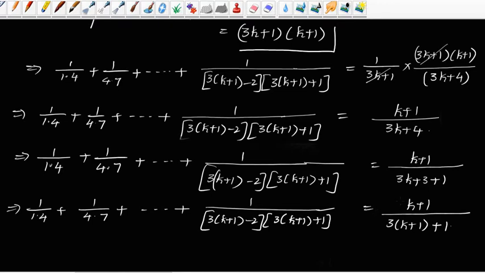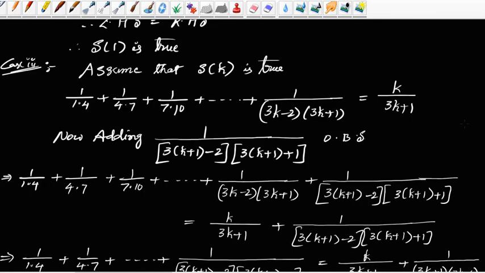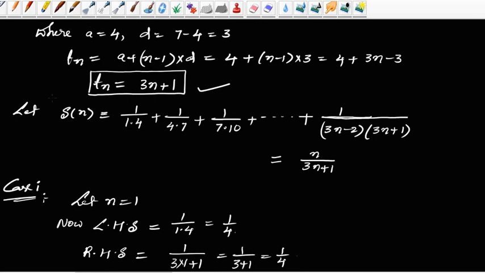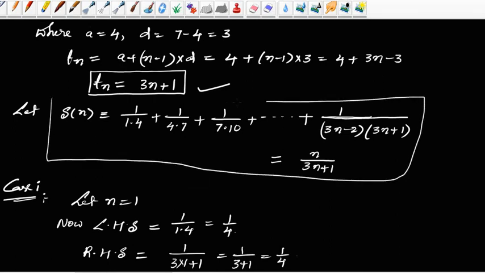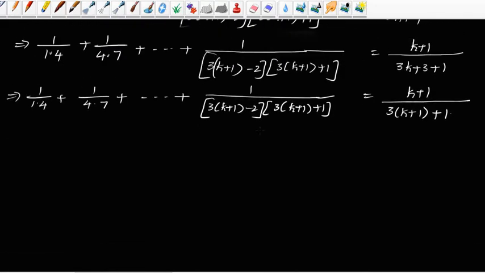Now observe that in the given statement, the statement is S of n. In the S of n statement, put n equal to k plus 1, and we will get our final answer. Okay, this is the final answer.